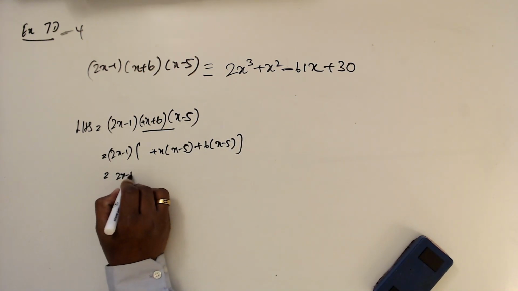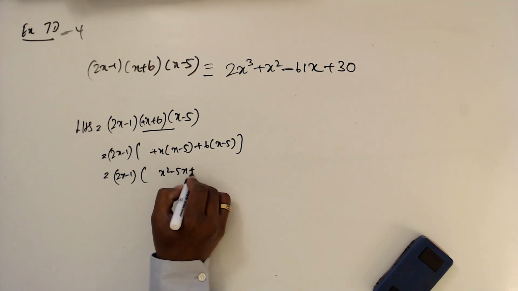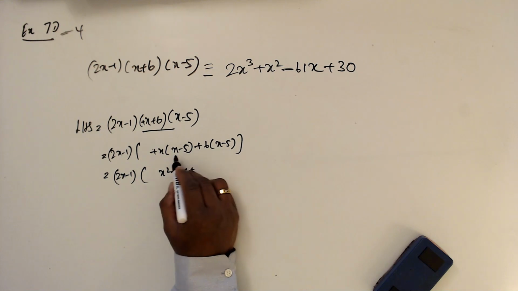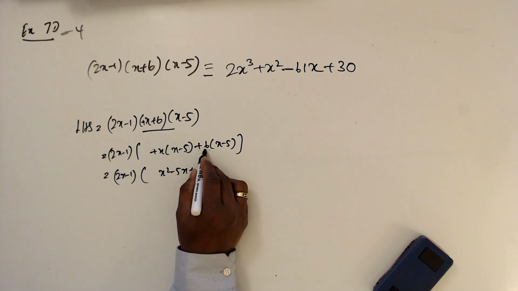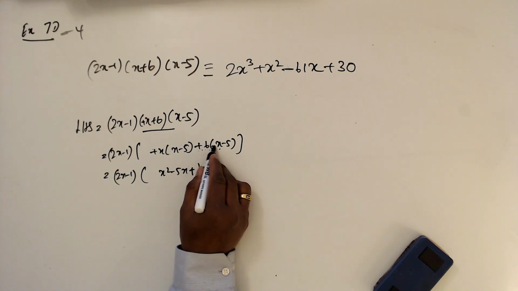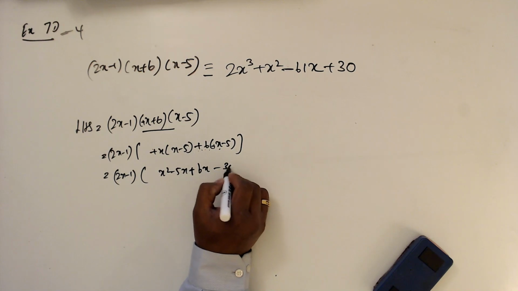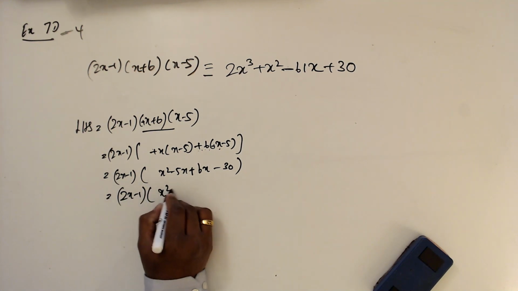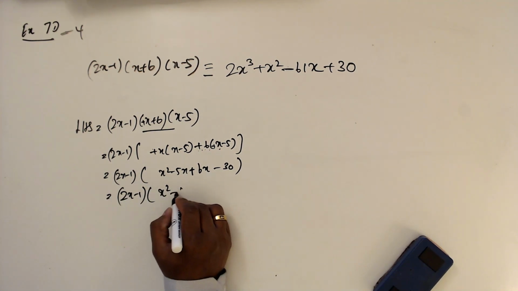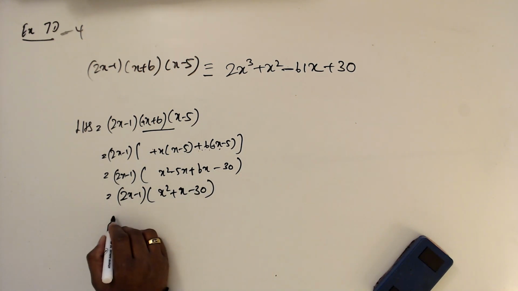So 2x minus 1 times x squared minus 5x plus 6x minus 30. So 2x minus 1 times x squared plus x minus 30.